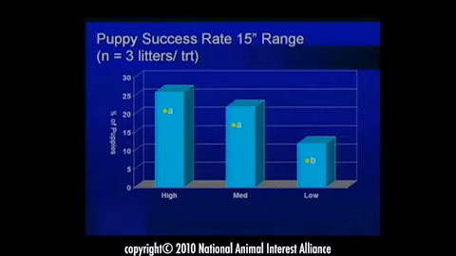The high and medium levels were not significantly different, but both were significantly different from the low level. About 10% of the low supplementation puppies achieved 15 inches or greater towards the target, whereas in the high group you had over twice that number making it.